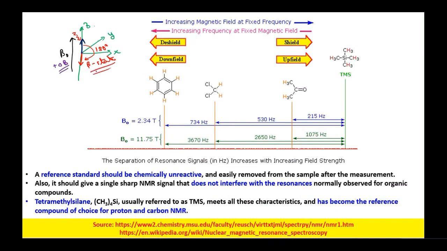And when it has gone to the beta state, then as I told you, these RF pulses are applied momentarily, for a very small time. So when we stop this, these atoms go back to their alpha state, and while going back, they release the absorbed radio frequency.